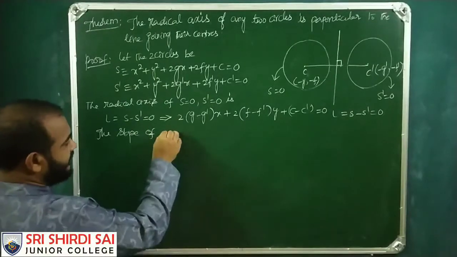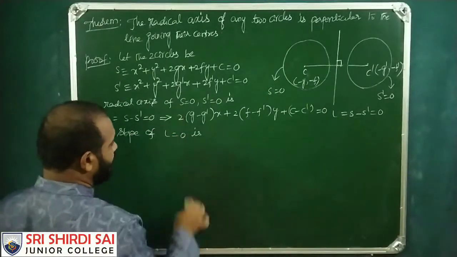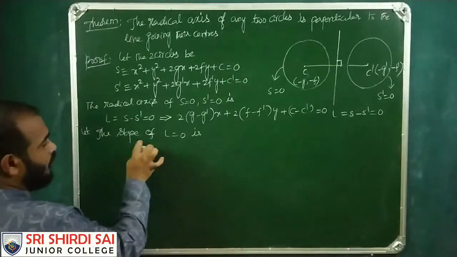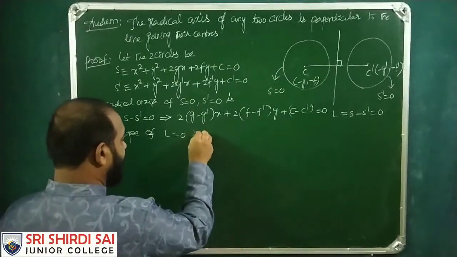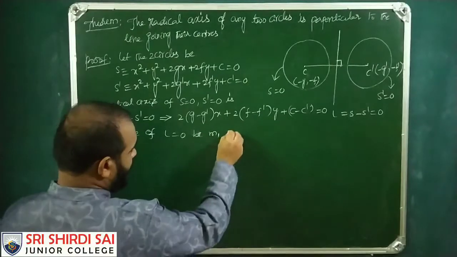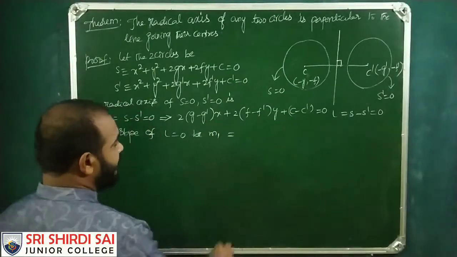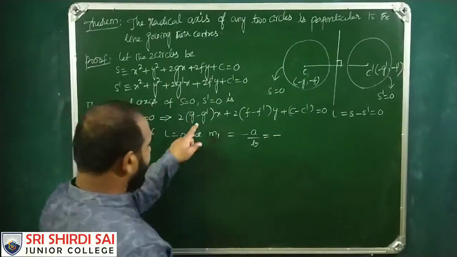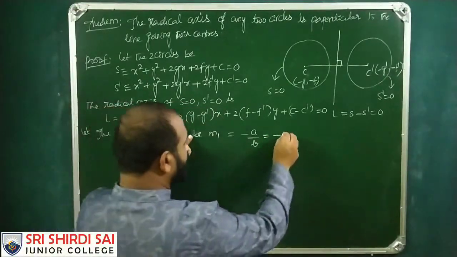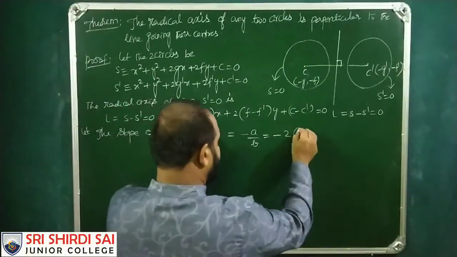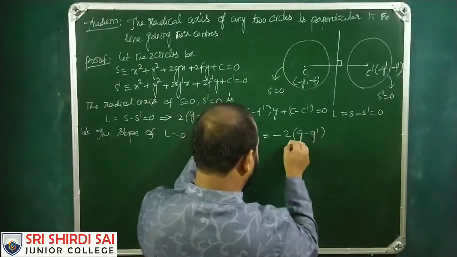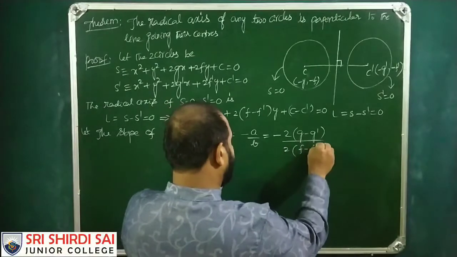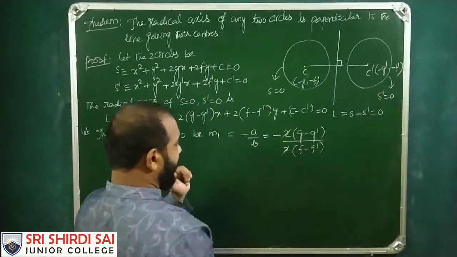Let the slope of the radical axis L equals to 0 be m1. So m1 is equals to minus a by b. So minus of a, the x coefficient, 2 into (g minus g dash) by 2 into (f minus f dash). 2 gets cancelled.